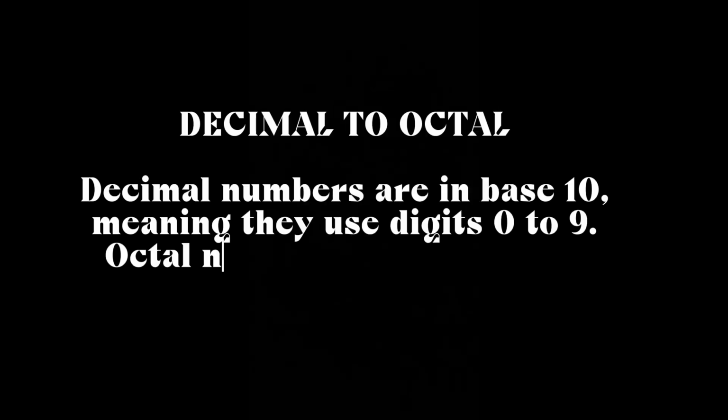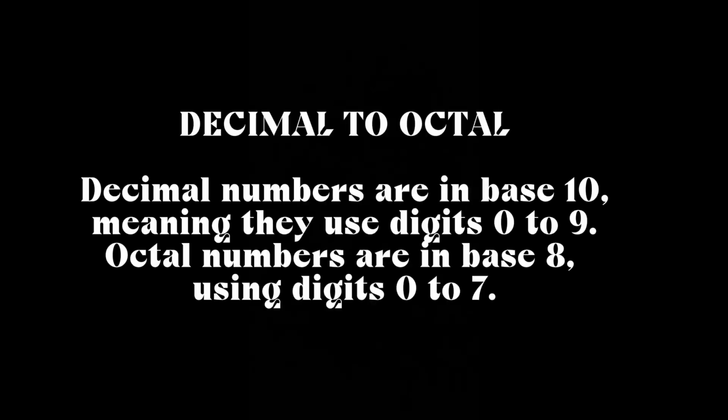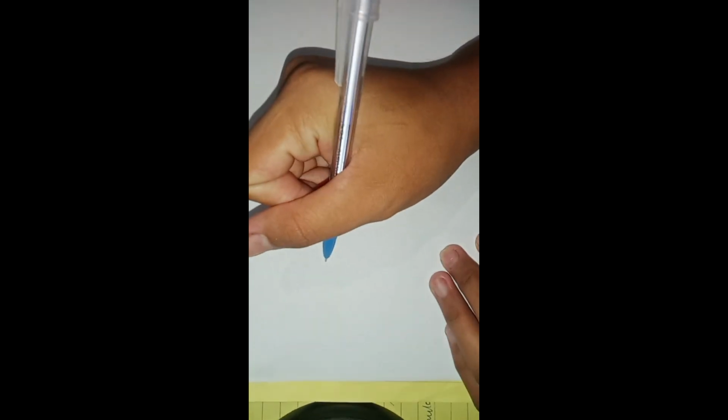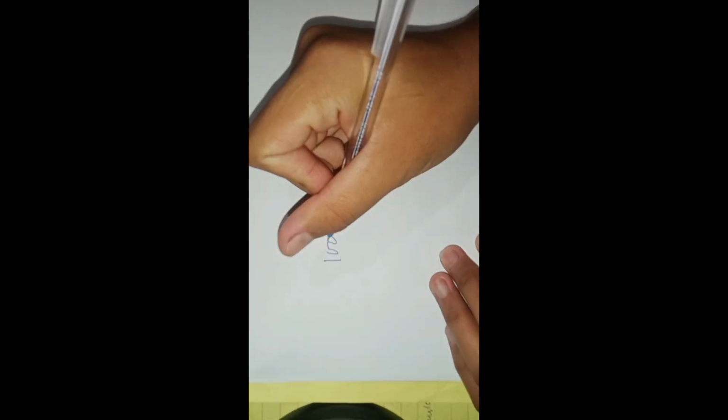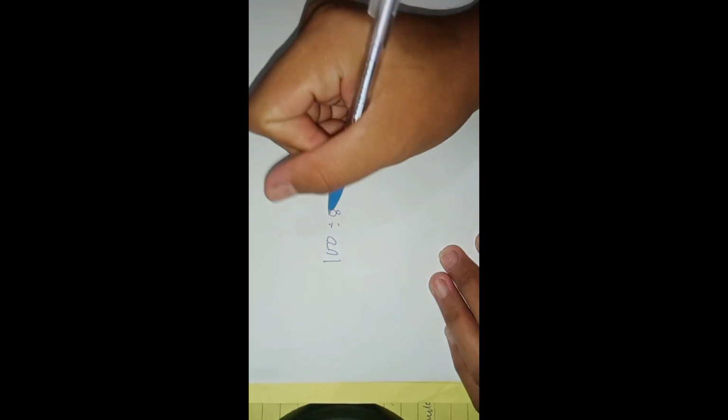So next, decimal to octal. Decimal numbers are in base 10, meaning they use digits 0 to 9. Octal numbers are in base 8, using digits 0 to 7. Now, let's talk about converting a decimal to octal. Divide 100 by 8.